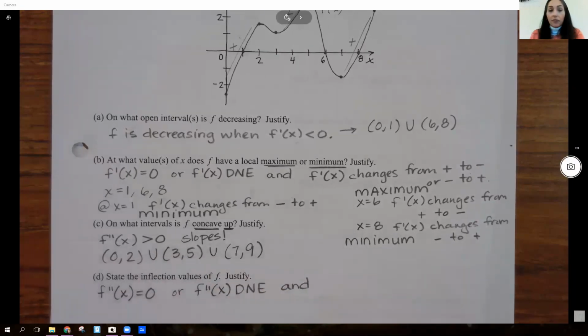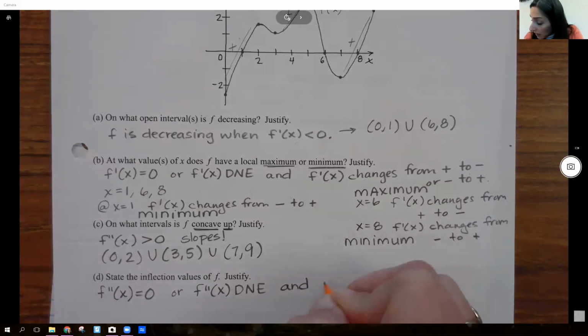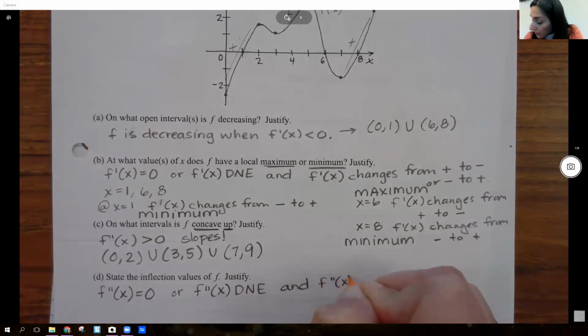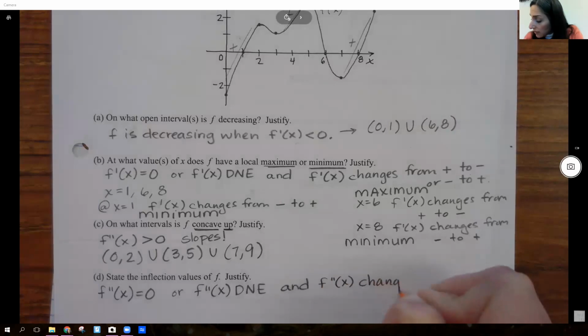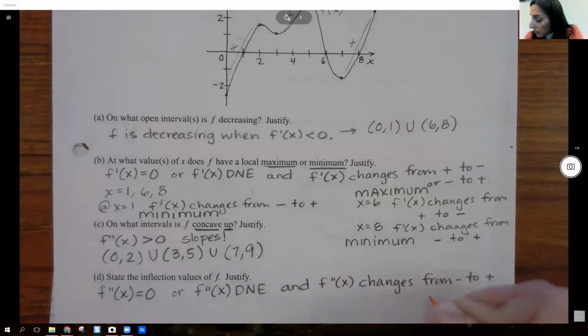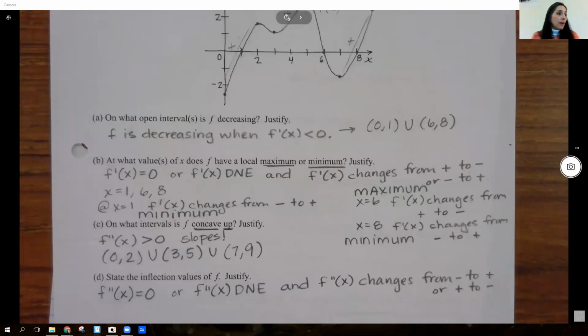And in order for it to be an inflection value, not only do you have to satisfy that, but the second derivative has to change signs. So f double prime of x changes from either negative to positive or positive to negative. Okay.